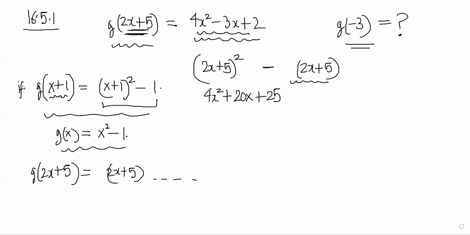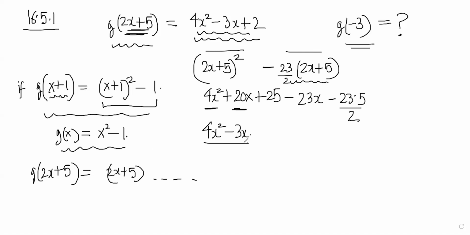So in order to subtract minus 23x, you will have to say 23 by 2. When you combine this and this, you are actually getting the first two terms, because you're getting minus 23x and minus 23 into 5 by 2. So see that it is becoming 4x squared minus 3x at least.